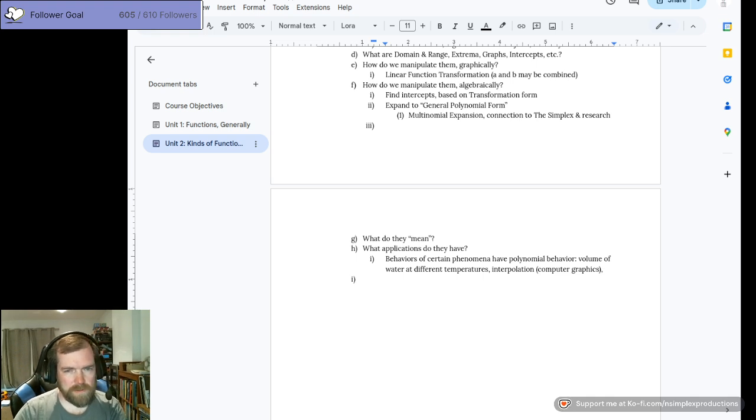These are all quadratic. It's not very helpful. These are all quadratics.